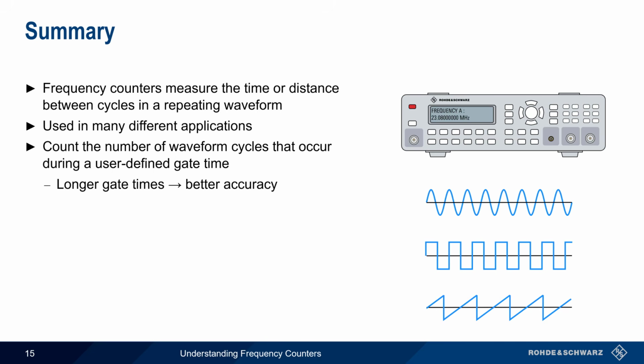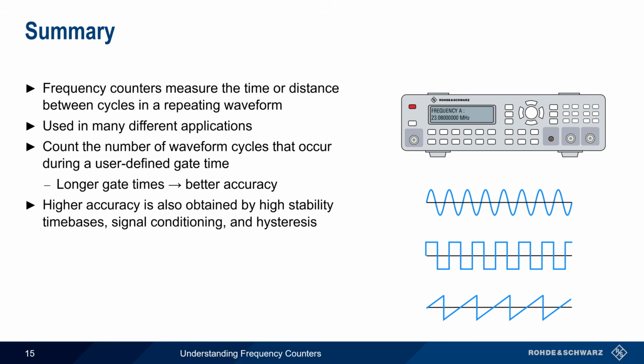Generally speaking, increasing the gate time improves measurement accuracy. Higher accuracy can also be obtained by using a higher quality frequency reference or timebase, by conditioning the signal in terms of amplitude and noise reduction, and by using hysteresis to avoid false triggering.